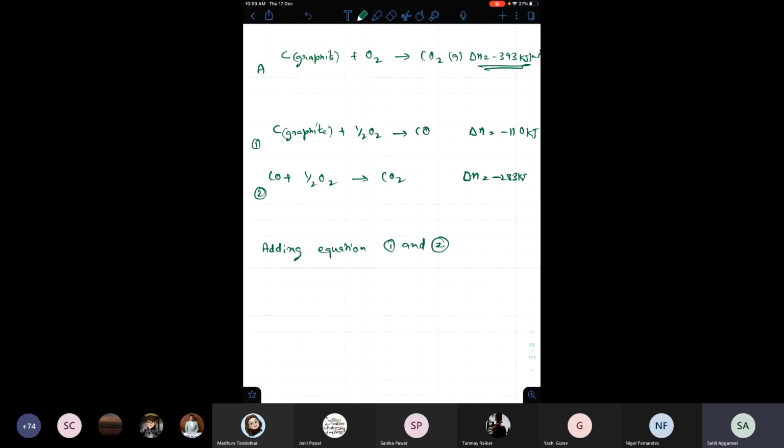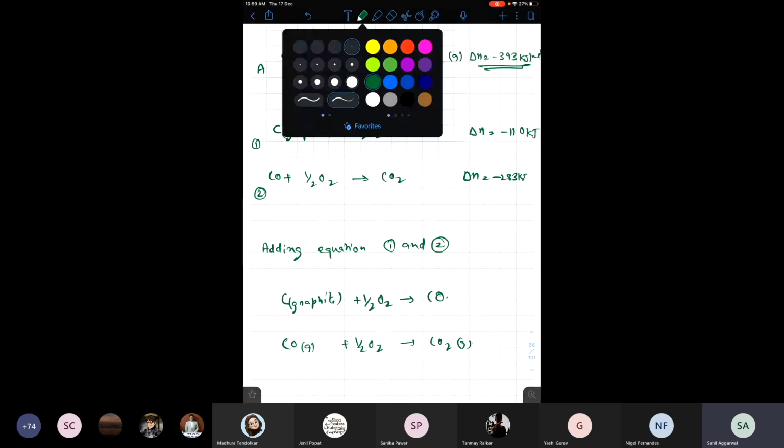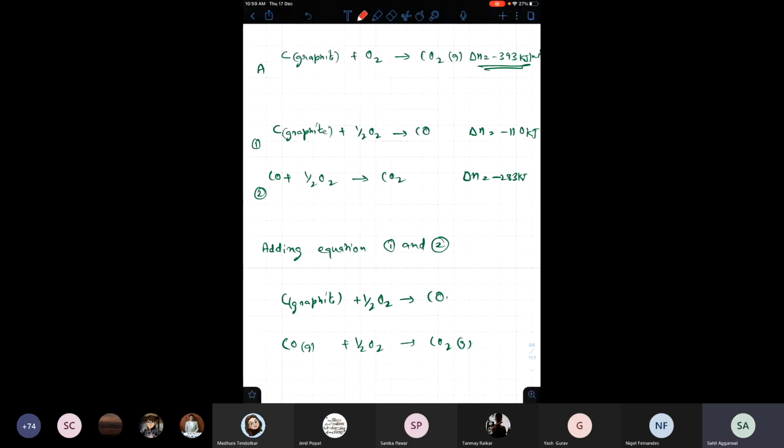If you add equation 1 and 2, this will get cancelled out.